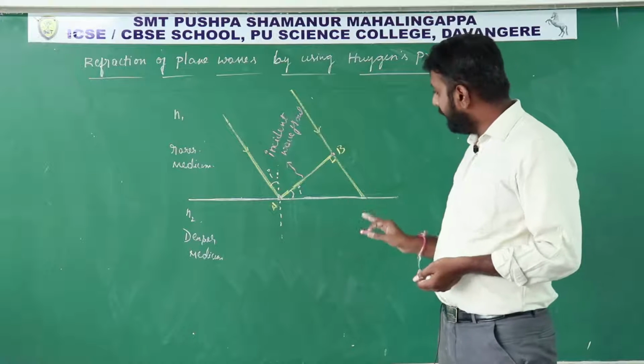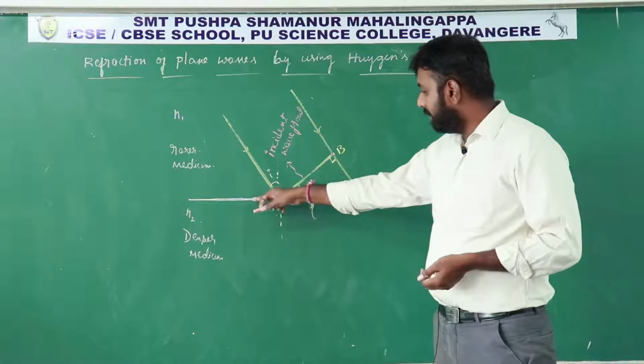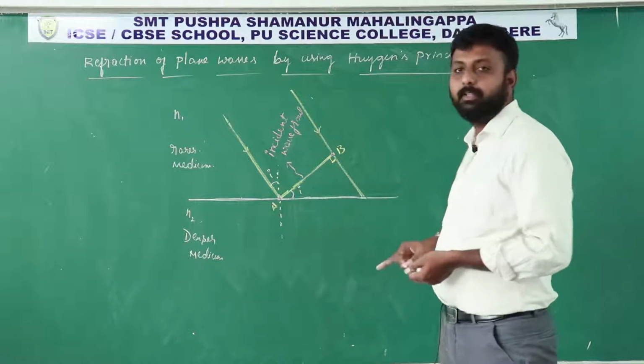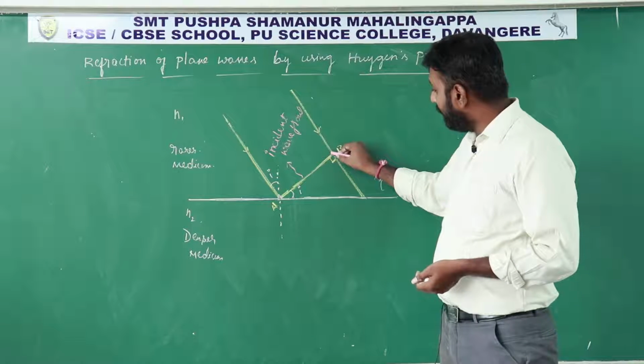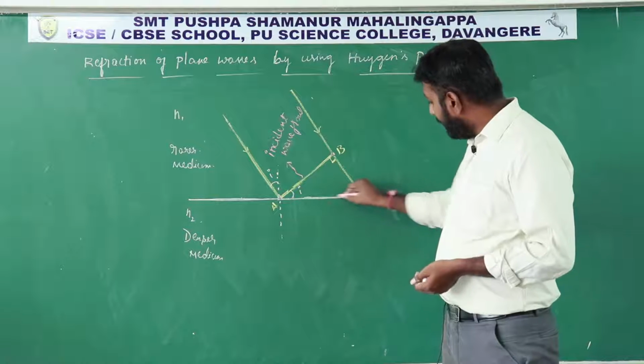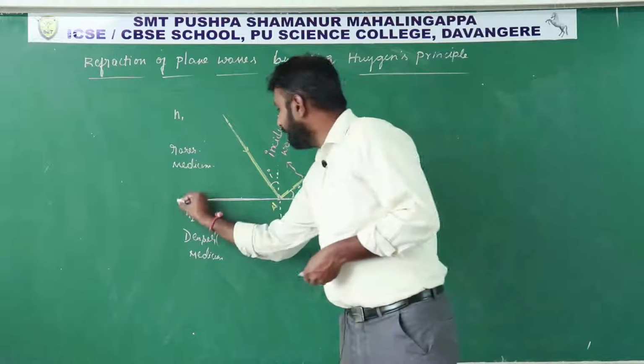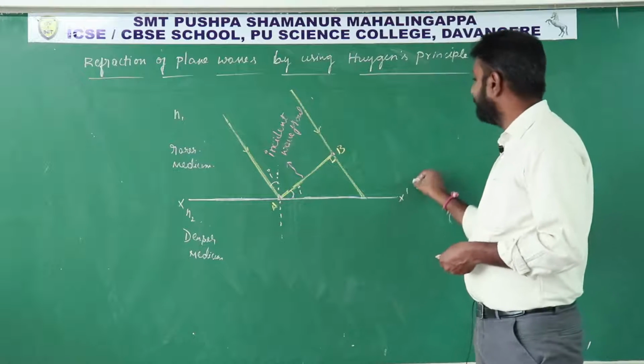But you see carefully, already the disturbance has reached this refracting surface, but from B point the disturbance has to travel to reach the refracting surface. Let us take that refracting surface as XX dash.